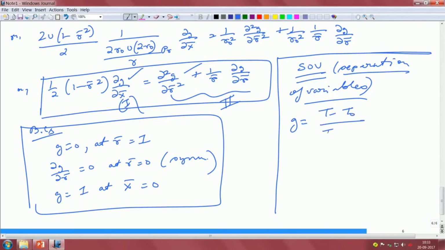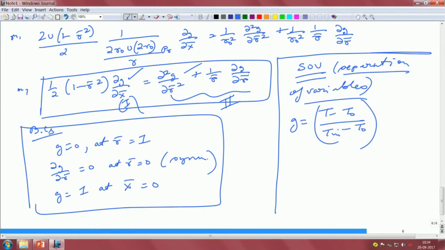Now, what is the general expectation? See, when we propose what is going to be your g, let us write the g here one more time so that you get an idea. g is T by T naught into (T in minus T naught). So, what happens to g as we go on increasing x bar? Does g skyrocket or not, right? Obviously, T is something that is bounded.